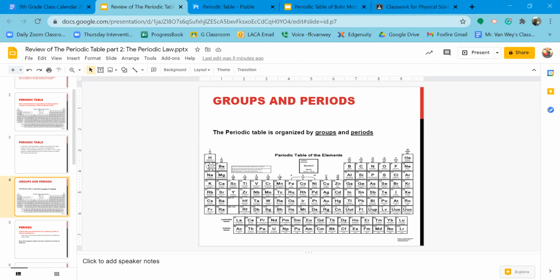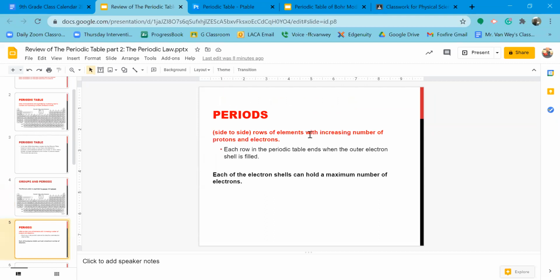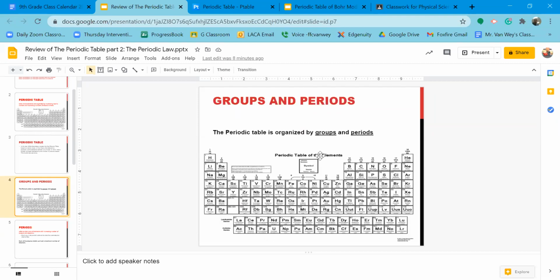Lithium goes to beryllium, goes to boron, goes to carbon. Every time we take a step to the right, we are adding another proton. And you'll notice that these rows end, okay? Each of these rows ends, and we're going to talk about why that row ends. But for now, it's enough to know that the side-to-side row has an increasing number of protons and electrons.